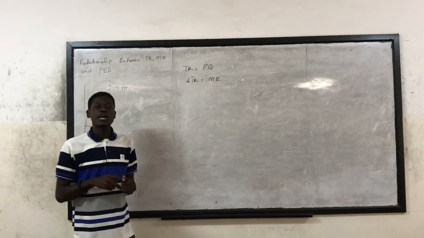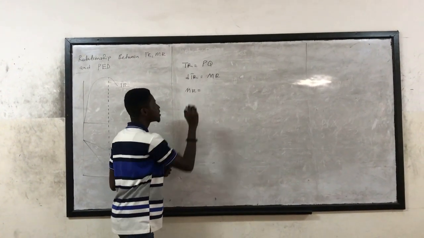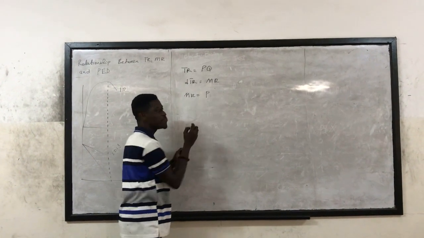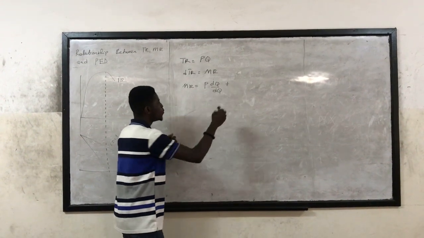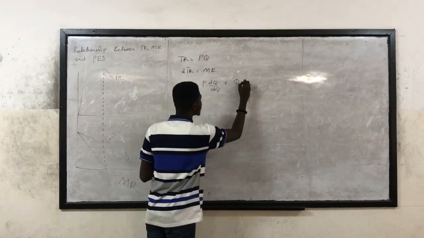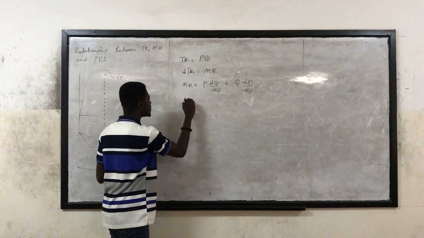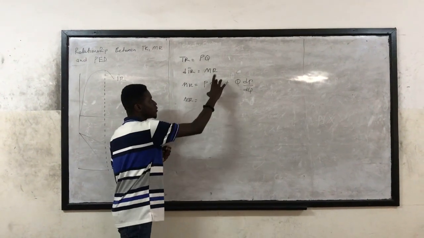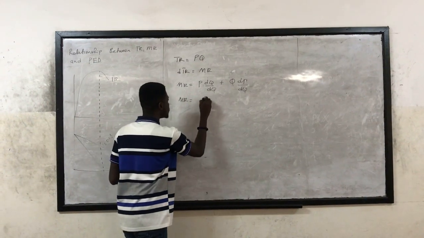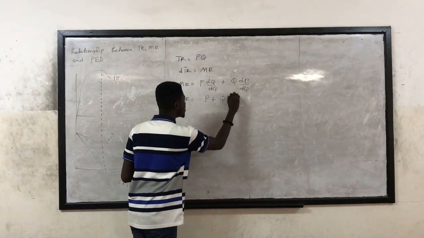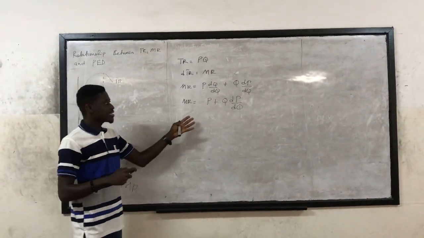Now to differentiate it, we can use the product rule of differentiation, such that our marginal revenue will be: we keep the P, and then we differentiate Q with respect to Q, plus we keep the Q, and then we differentiate the P with respect to Q. Right? So now we are going to get marginal revenue is equal to, since this is dQ over dQ, you cancel each other. So P times 1 will give us P. So now we are going to get P plus Q dP over dQ. So now this is our marginal revenue.